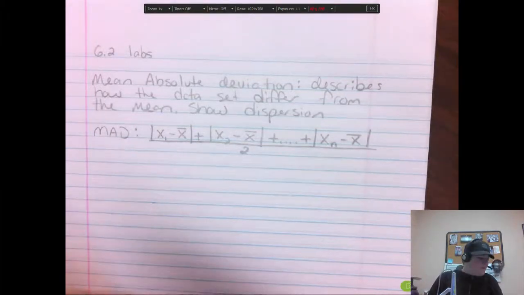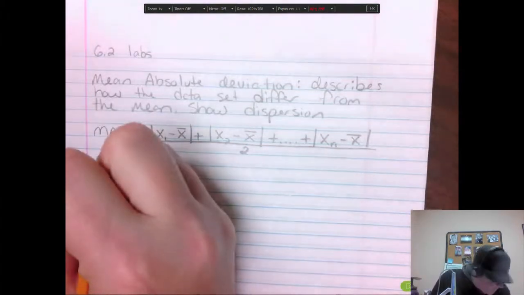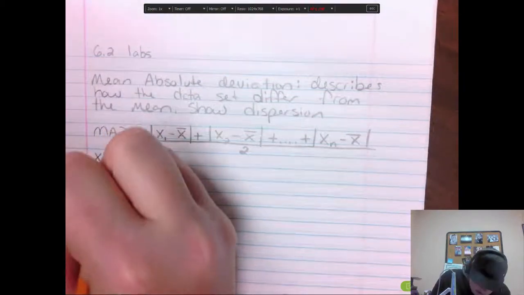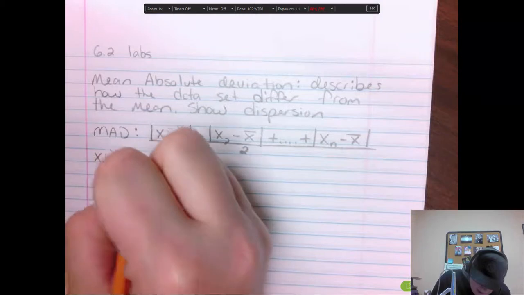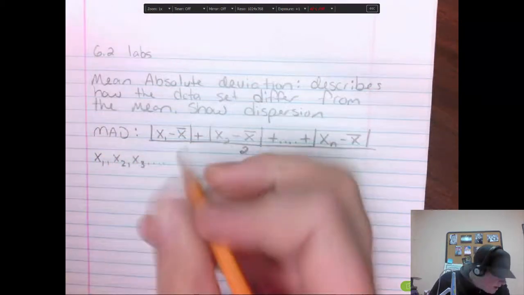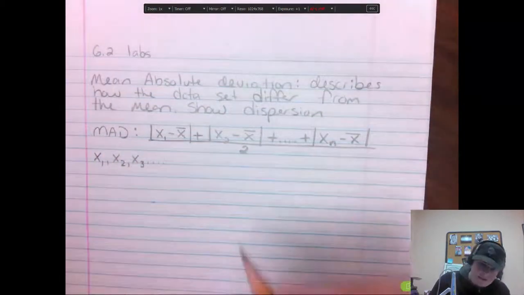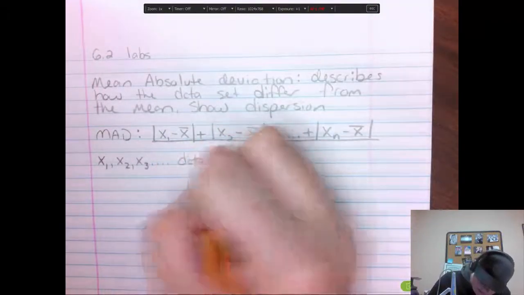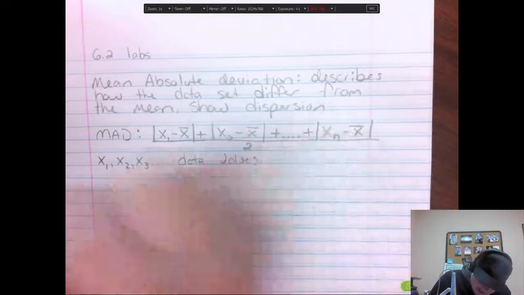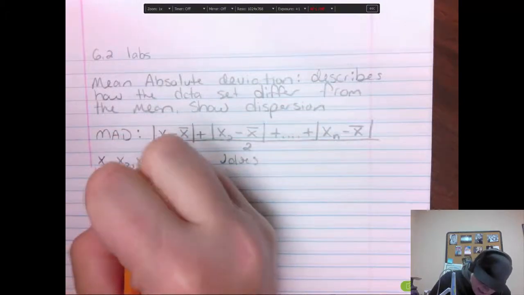Okay, so we'll define a couple things. First of all, x1, x2, x3, or any number are just the data values in your set. So those represent data values. X bar is a lazy way of writing the mean.